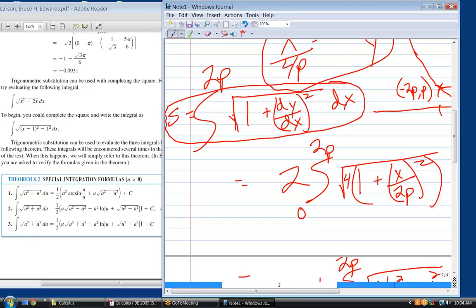This is how you solve for one of the legs, and this is how you solve for the other leg: you take the square root of the hypotenuse squared minus the other leg squared. So trig substitution methods are what allow us to come up with these special integration formulas, and we use these frequently to calculate arc length, and not just arc length but surface area, because surface area is a function of arc length.